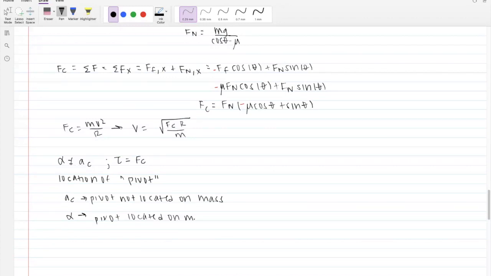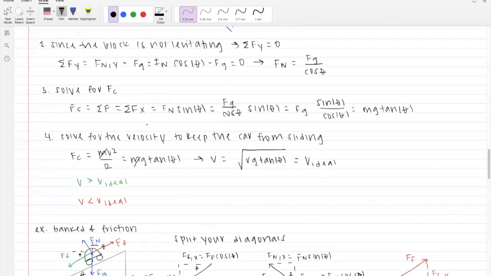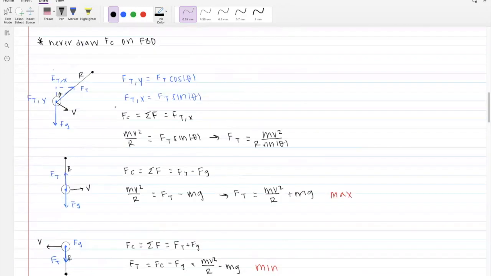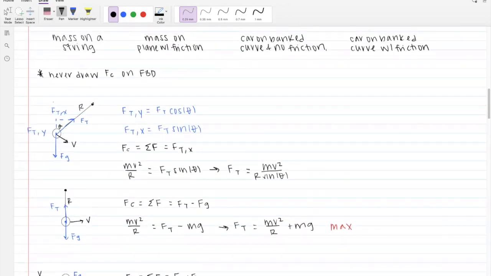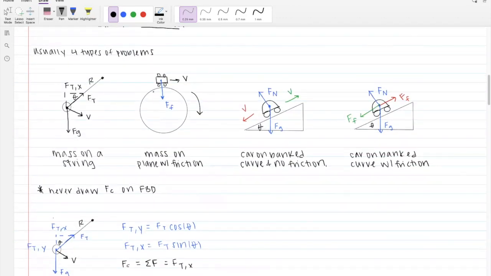on your mass. And when I say that, let's look at examples here where we have the string. This point right here is considered your pivot. It's not located on the mass that you're analyzing. As for this car, the location of the pivot is the center of the circle, and it's not on the object that's rotating about the circle.